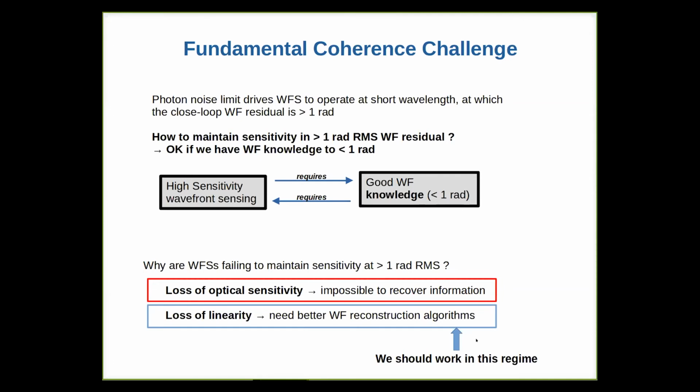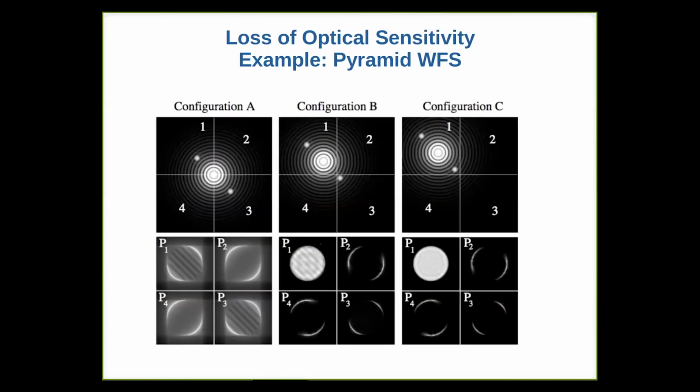Let me illustrate this. What is an example of a wavefront sensor that does very well when the wavefront is flat, but for which the optical sensitivity basically drops as the wavefront is no longer flat? It's the pyramid wavefront sensor. If the PSF is centered and high Strehl on the apex, the tip of the pyramid, we get very good sensitivity for all of the modes. But as wavefront errors increase, we no longer have a concentrated PSF on the tip, and we lose optical sensitivity.